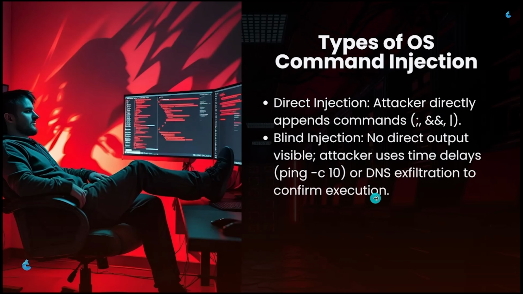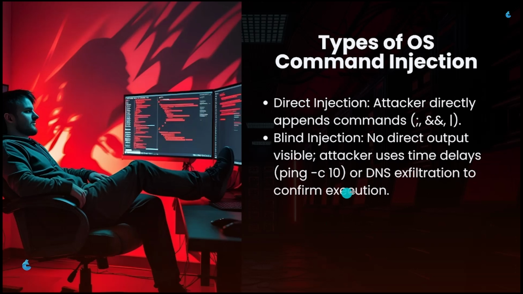Now, OS command injection usually comes in two forms. The first is direct injection, where the attackers append malicious commands using operators like a semicolon, a double ampersand, or a pipe, etc. The second form of OS command injection is called blind injection, where no output is directly shown to the attacker.